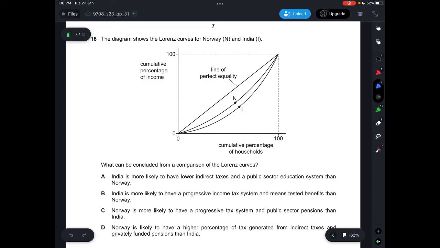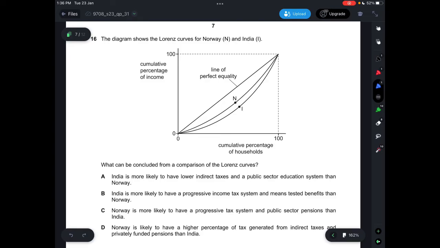So A, it says India is more likely to have lower indirect taxes and a public sector education system than Norway. In this case, the answer is not correct because I'll explain to you why. The Lorenz curve for India is actually higher than Norway, which means it's less equal.